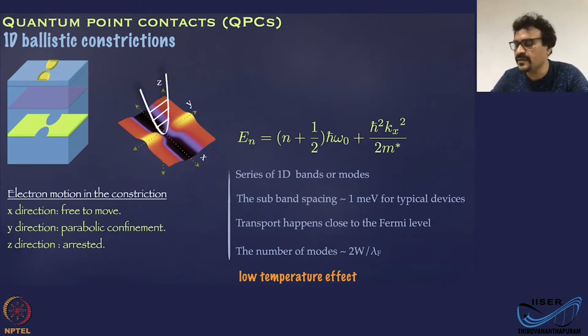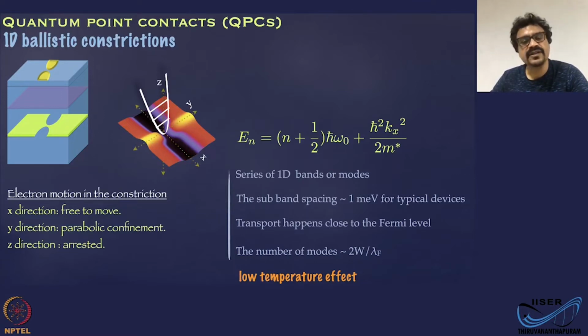Okay. So you have in the y direction a parabolic confinement. That means quantized energies. Now the x direction is free to move. The z direction it cannot move.